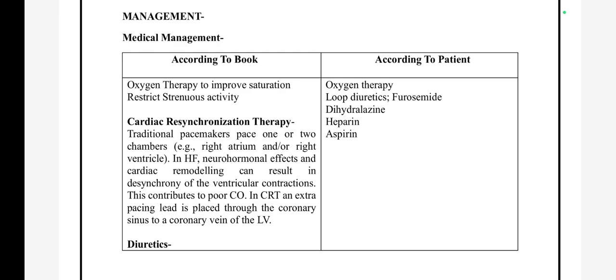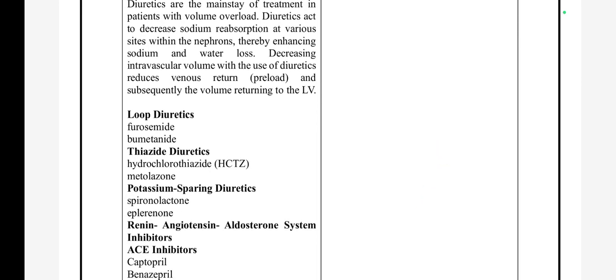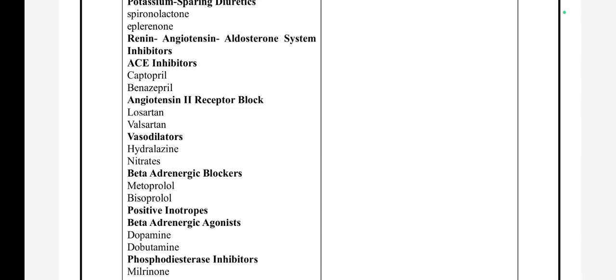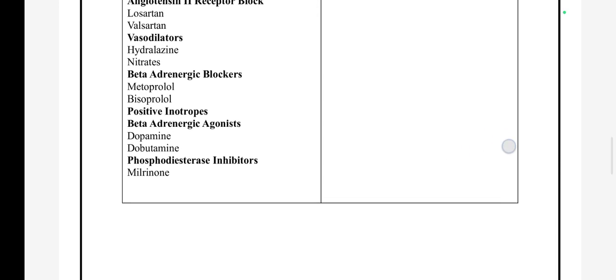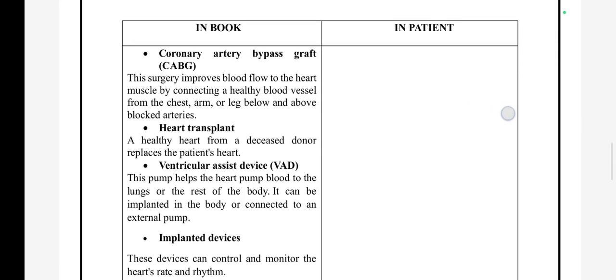Medical management completely covers all the medicines, majorly cardiac resynchronization therapy and diuretics. There are different renin-angiotensin system inhibitors, ACE inhibitors, angiotensin II receptor blockers, vasodilators, beta blockers. In surgical management, there are different surgeries available for heart failure, like coronary artery bypass grafting, CABG, heart transplant, VAD, LVAD, or ventricular assist device.